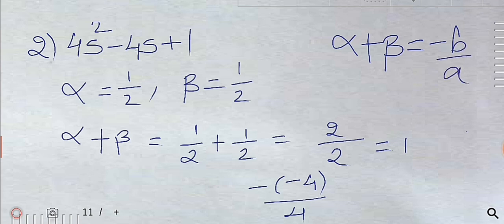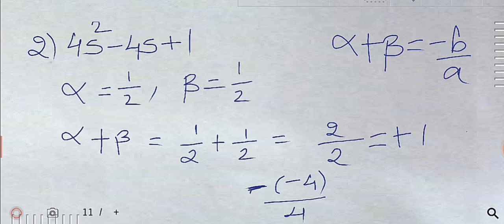So we need a minus symbol, so I am writing the plus 1 as minus of minus, and 1 can be written as 4 by 4. Anyway you will get 1 only.